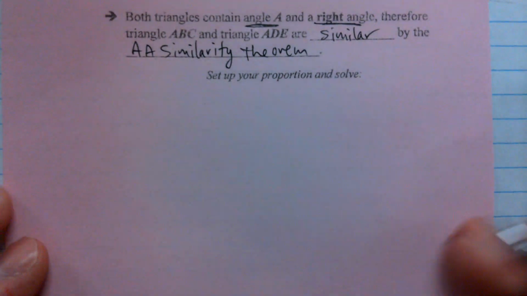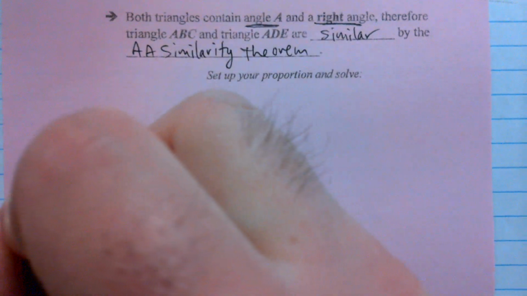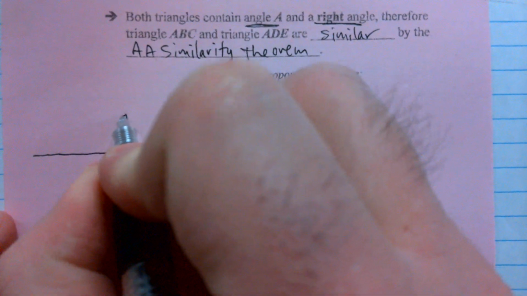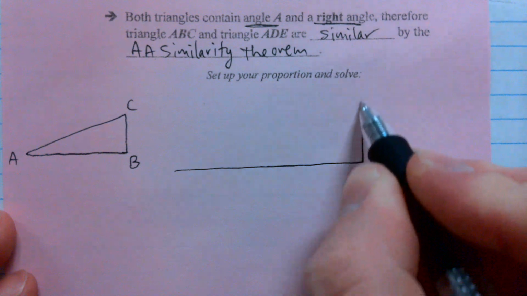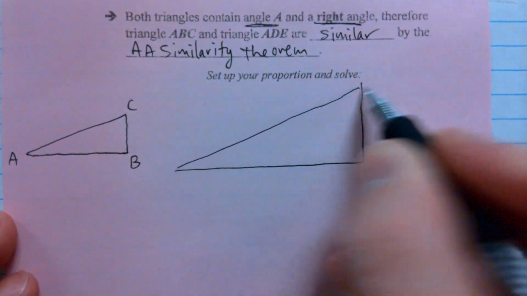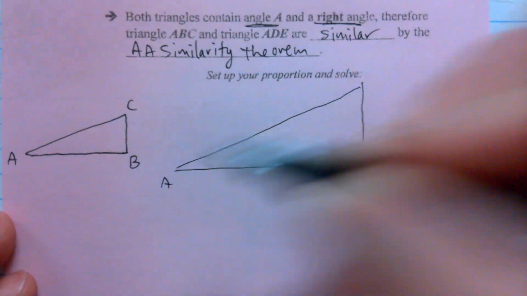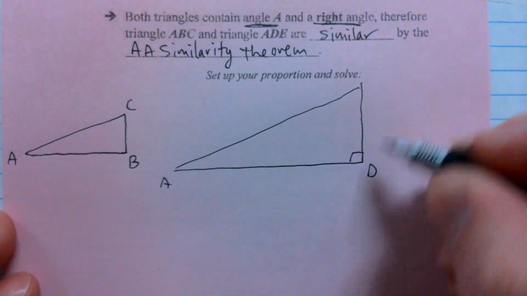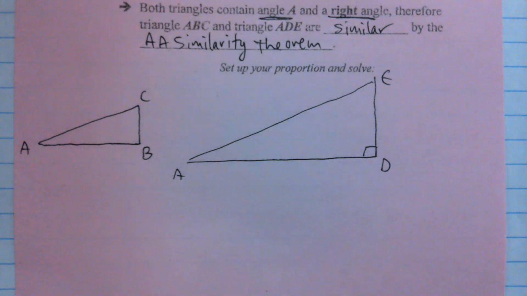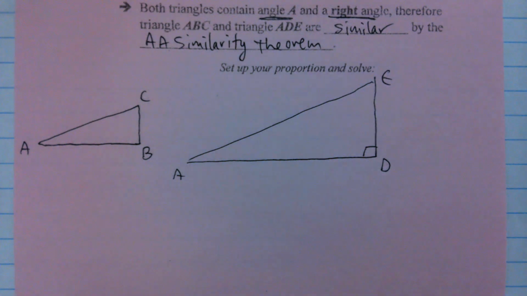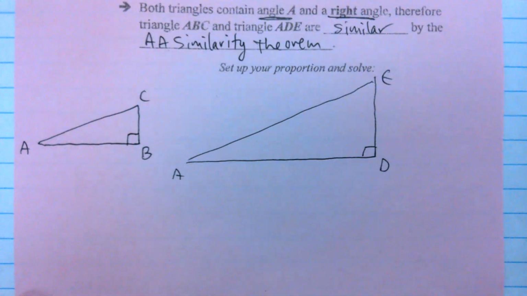It might look a little bit better when we split these triangles up. So there's my two triangles. And this is what we're used to seeing, right? This looks just like our worksheet yesterday, worksheet 80.